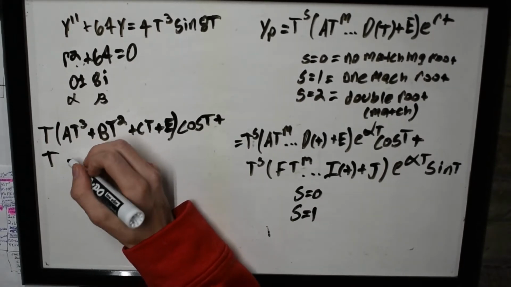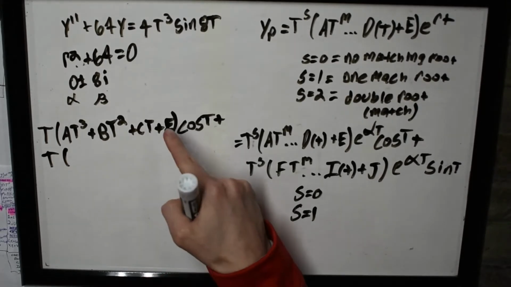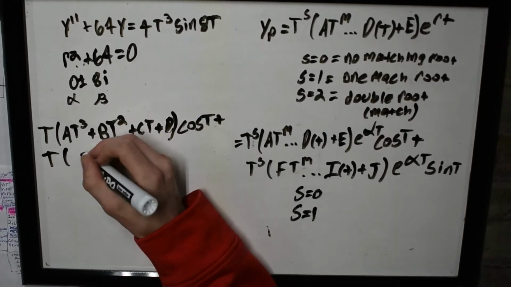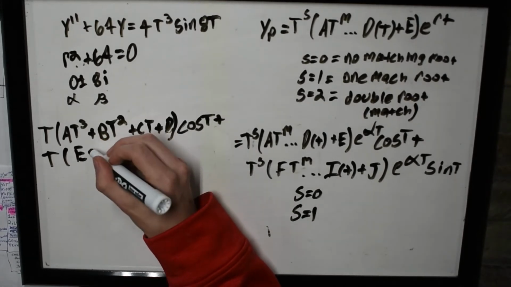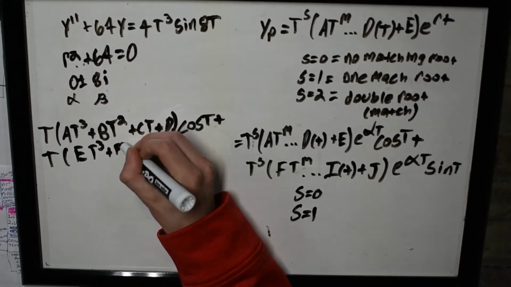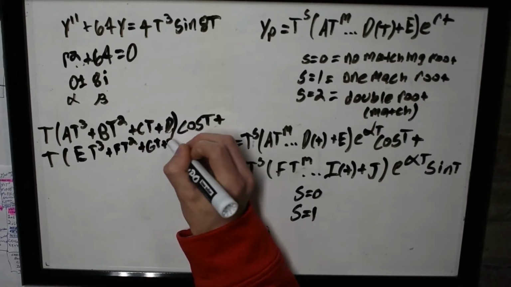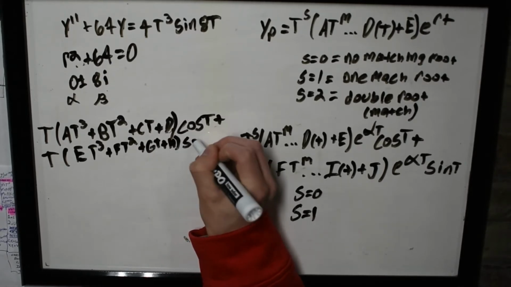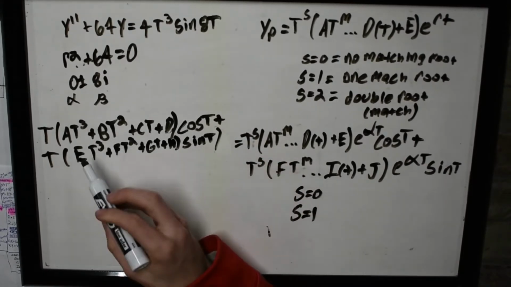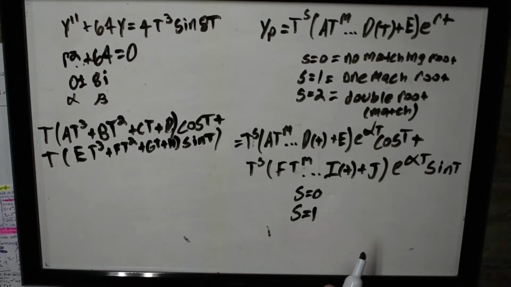T, we're going to have e t cubed plus f t squared plus g t plus h sine t. And that would be the particular solution, not solving for the coefficients for this problem.